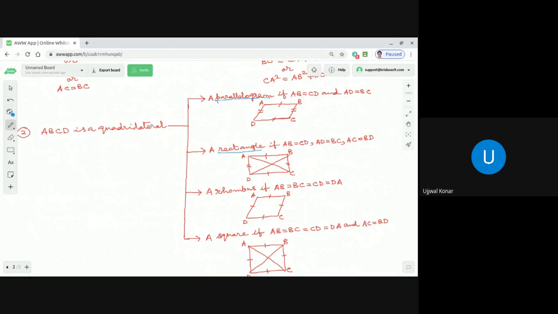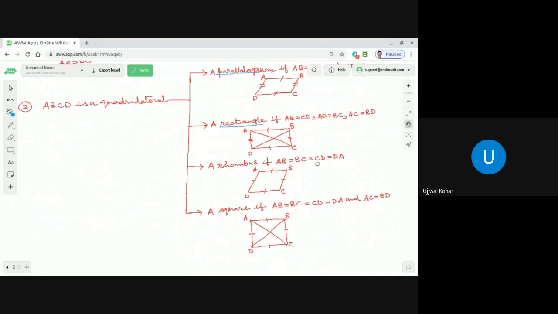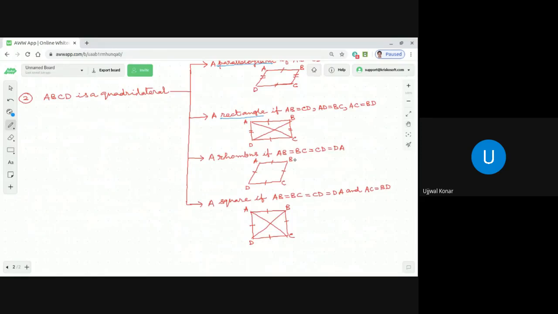Now the next point is the rhombus. A quadrilateral ABCD will qualify to be a rhombus if all the four sides are equal. Right? That is AB is equal to BC is equal to CD is equal to DA. Now that quadrilateral will qualify to be a square when it is a rhombus plus the diagonals are also equal to each other.